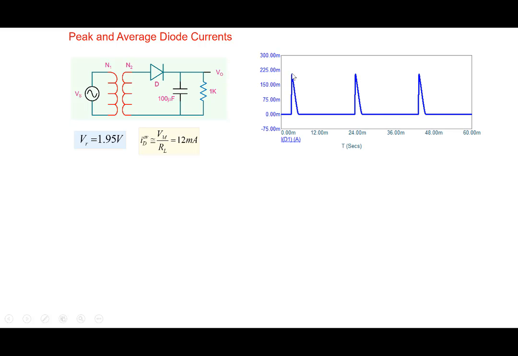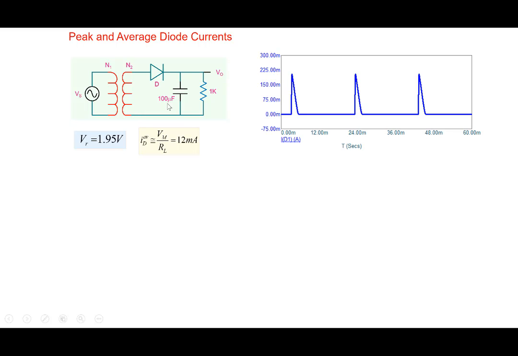The diode current is about maybe 100 or 200 milliamperes. Note that the average diode current is 12 milliamperes, but the peak diode current, look at it here, is close to 200 milliamperes, because the diode has to conduct for a very short period of time, and in that short period of time, it has to basically supply all the load current.